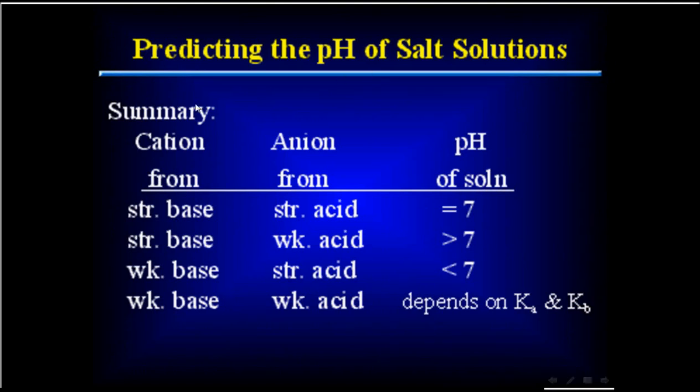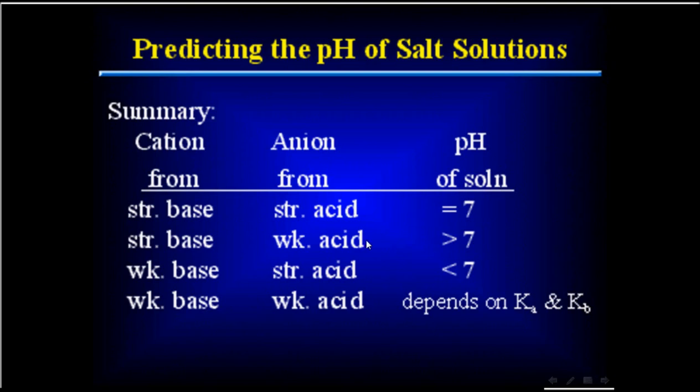What about the pH of solutions? If the solution is a salt formed of a strong base and a strong acid, like sodium chloride, this dissociates completely into sodium and chloride, and so the pH is that of water, which is 7.